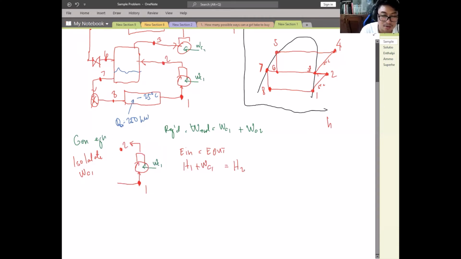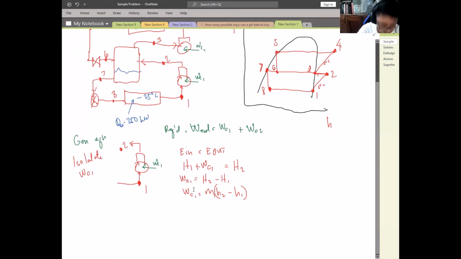So dahil work C1 hinanap natin, factor out natin sa work C1, that is H2 minus H1. Then convert natin into specific enthalpy. So m(H2 minus H1). Okay, pinactor ko na si mass. Sinulat na natin. Ayan. So this is mass 1. Ito yung ating nagiging work C1. So we need the value of mass 1, H2, and H1.